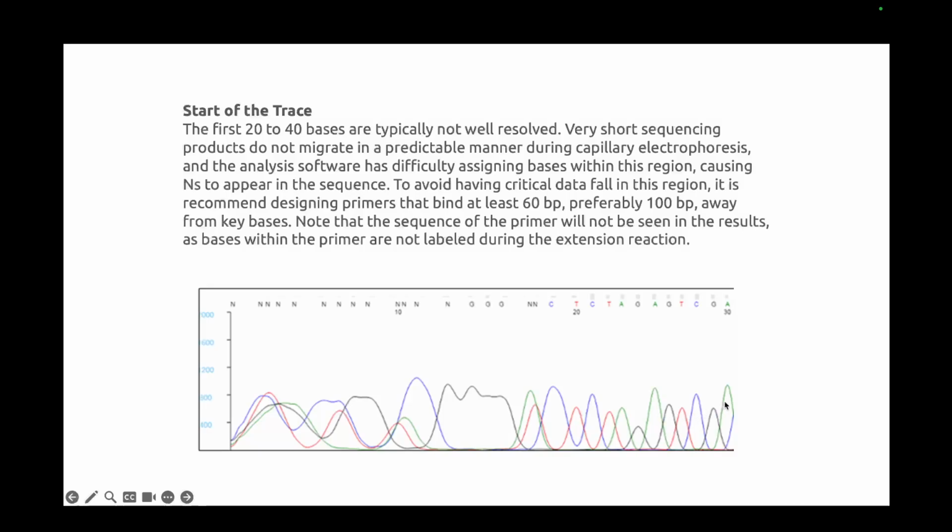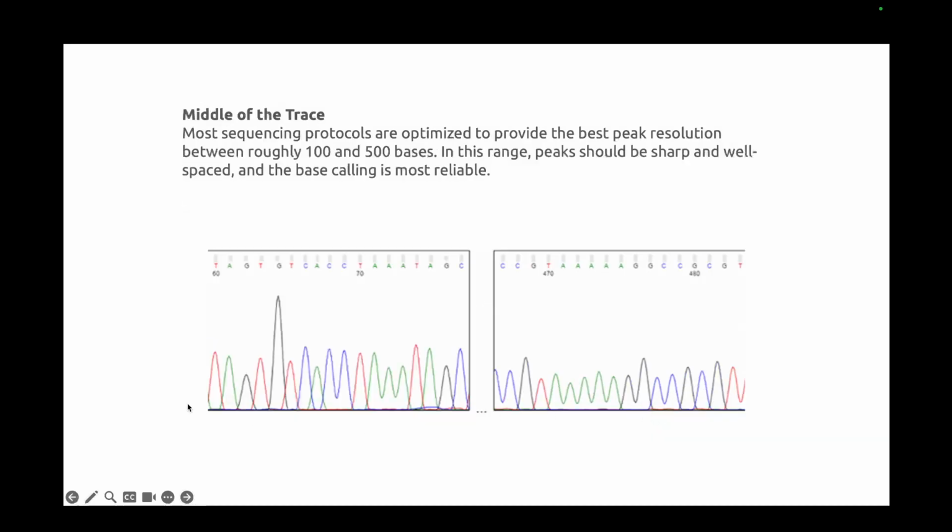Still, these are better, but here it is much better. If you have a peak of one color, you do not have any other colors. So typically between 100 and 500 bases is where your peaks get resolved very well, and that is the region where you are the most confident in base calling, and it's the most reliable part of the genome.